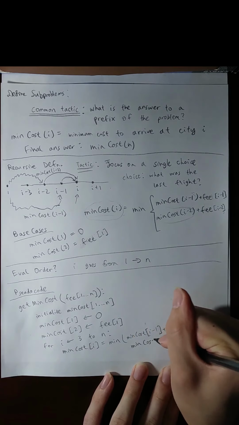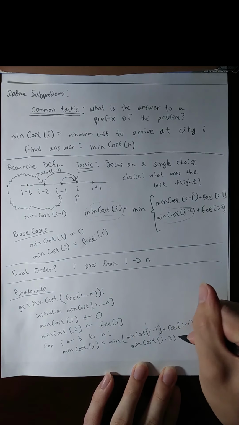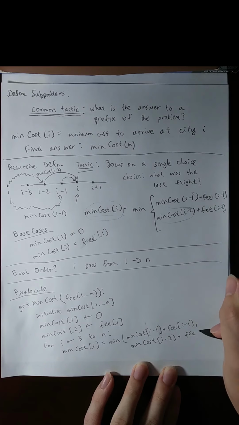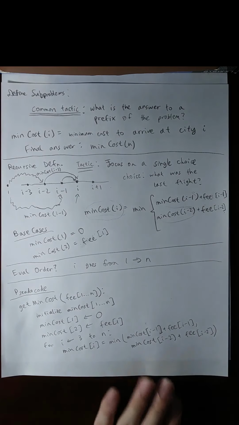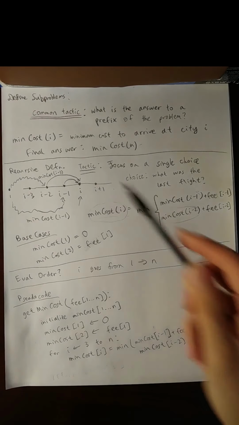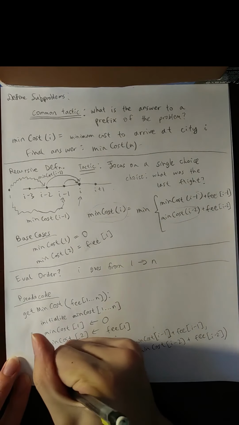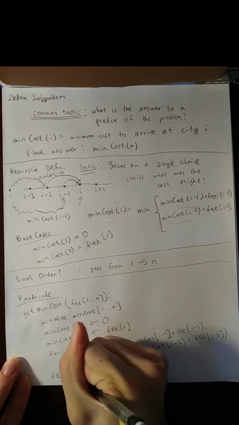And I apologize for the handwriting becoming progressively more slanted and unneat throughout the video. Now that we've evaluated this for loop, remember that our final answer is simply min cost n. So we just need to return that. And we're done with our pseudocode.